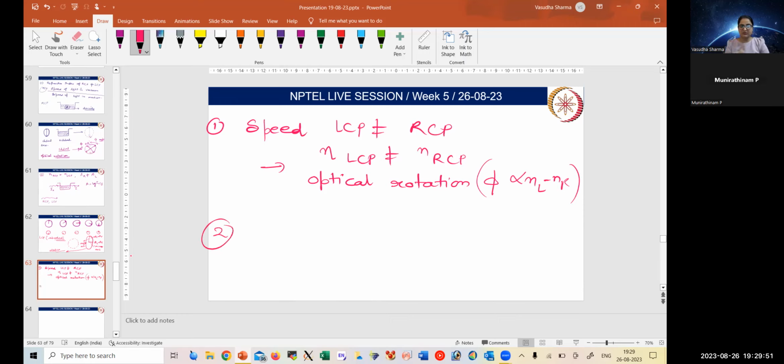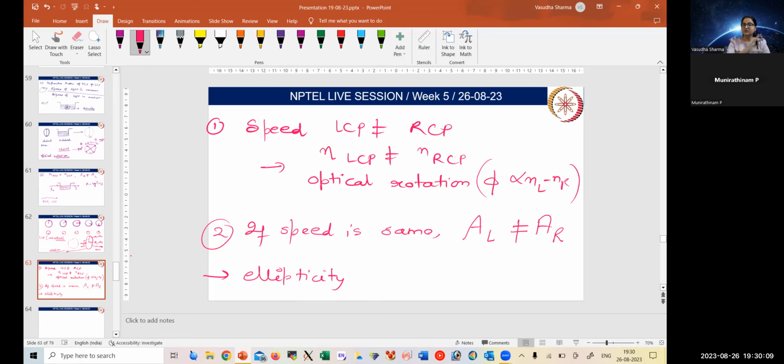And the second concept: if the speed remains the same, but absorbance happens, and the absorbance of left circularly polarized light is not equal to the right side, it will give rise to ellipticity. That means from circular motion, it goes to an elliptical motion. And the sign of ellipticity is given by psi, and it is dependent on AL minus AR.